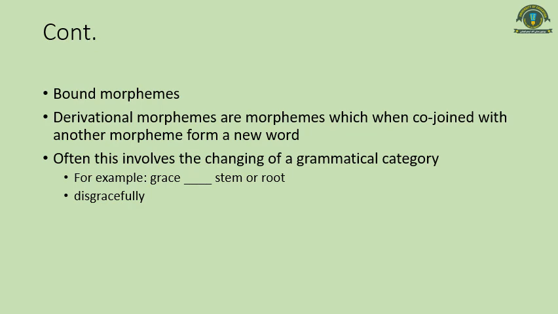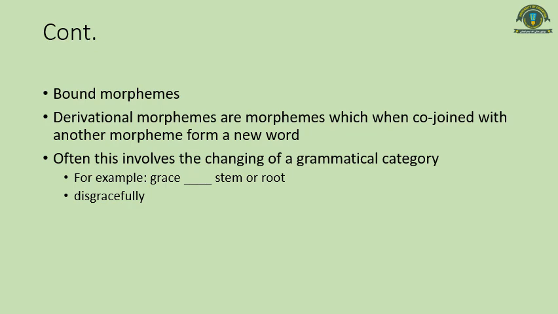For example, man, manly and unmanly, slow, slowly. We use these morphemes in order to derive or create new words. This often involves a change in grammatical category.